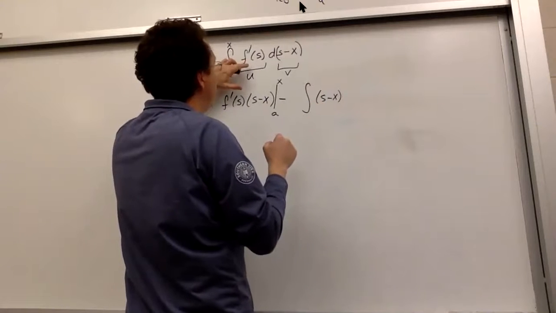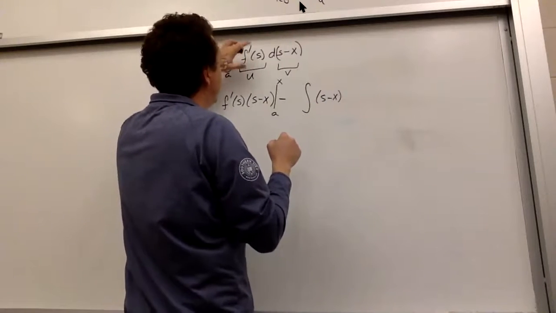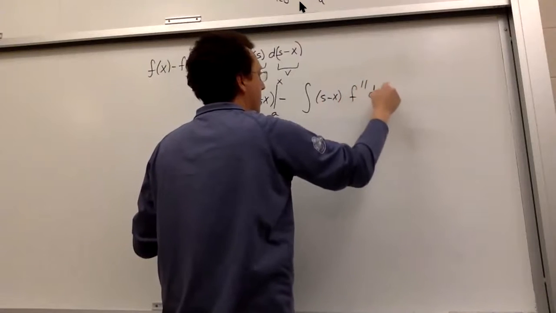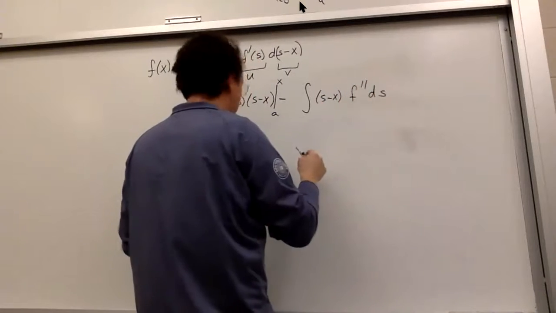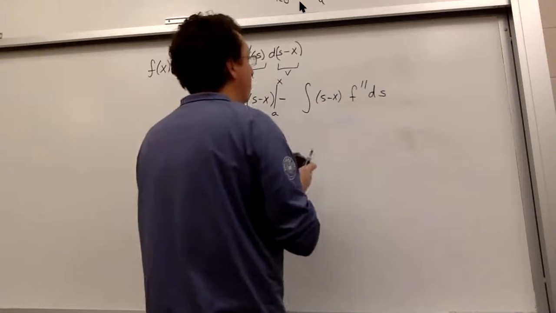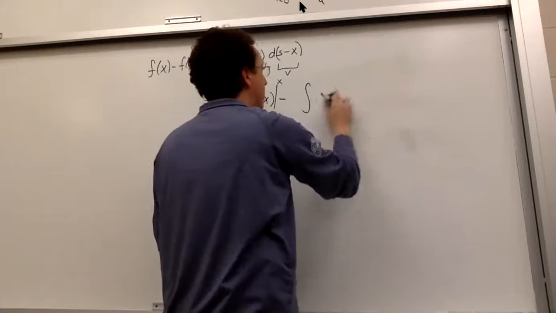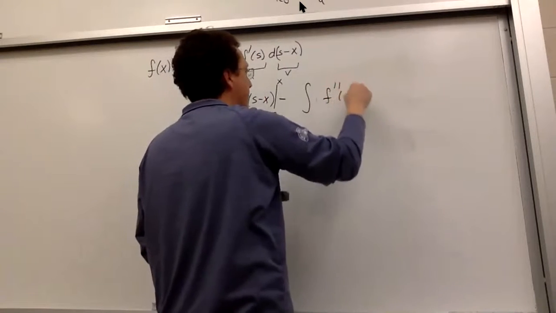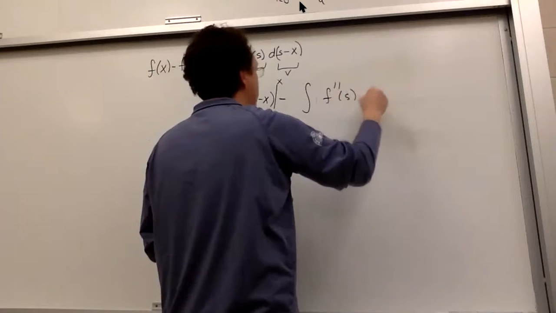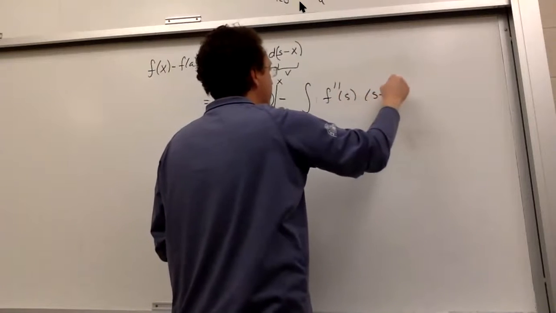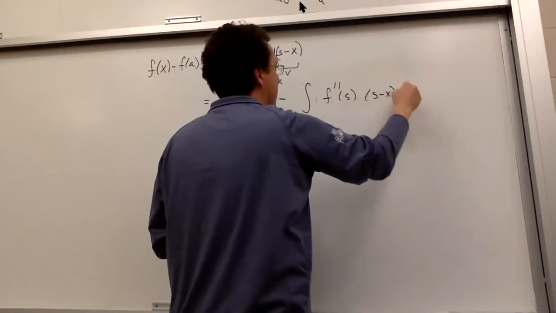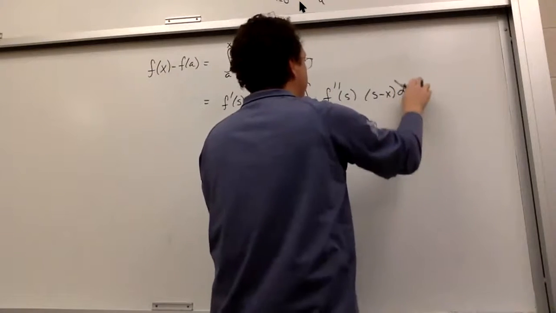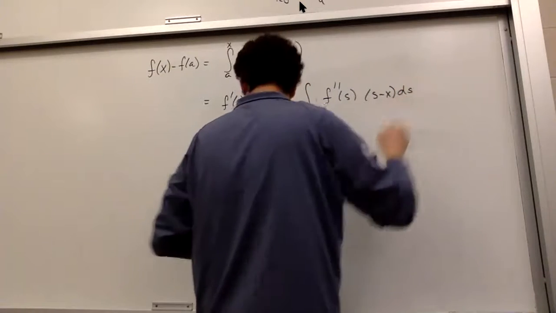But I can write du as the same as f double prime ds, which I will promptly reorder. Write it as f double prime s times s minus x ds.